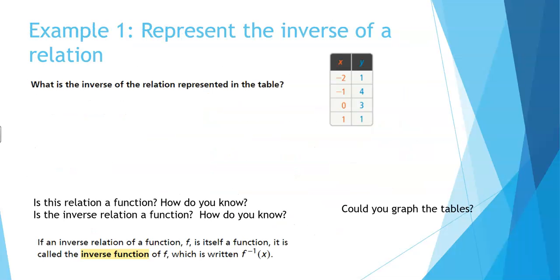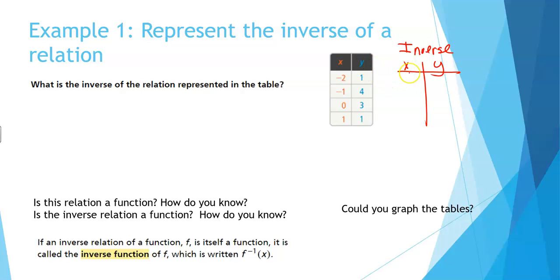Let's go right to a table and look at the table and see if we can see the inverse relation. So first we're just going to talk about the relation and not whether it's a function or not. We'll determine that later. So if this is x and this is y, the inverse would be the new x and the new y flip-flopped around.